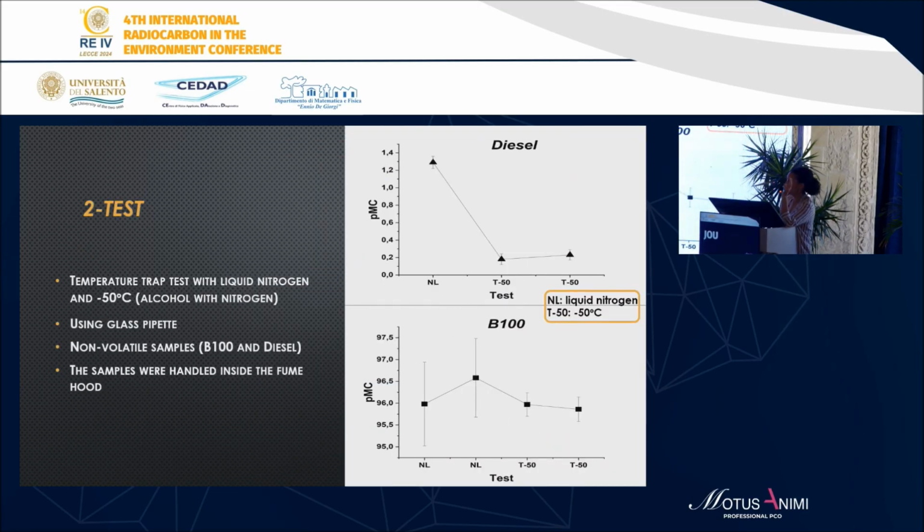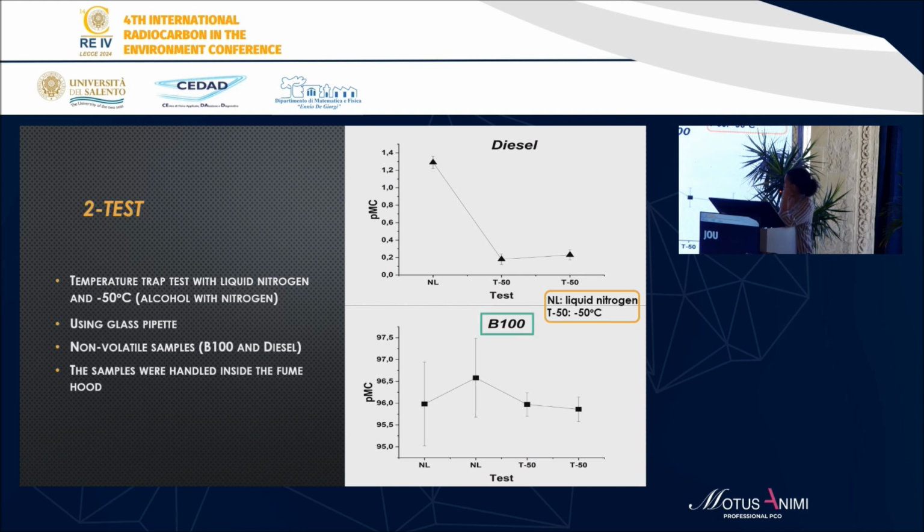For the second test, I use only non-volatile samples, diesel and B100. In this case, I use a glass pipette, and for the temperature trap I test liquid nitrogen and minus 50 degrees Celsius.